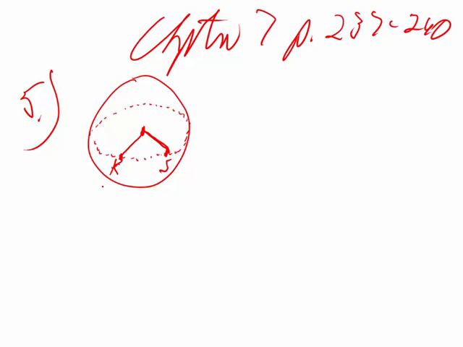And the radius is 4,000 miles. Let's write the distance as S. The distance between them is 5,000, correct? Yeah.